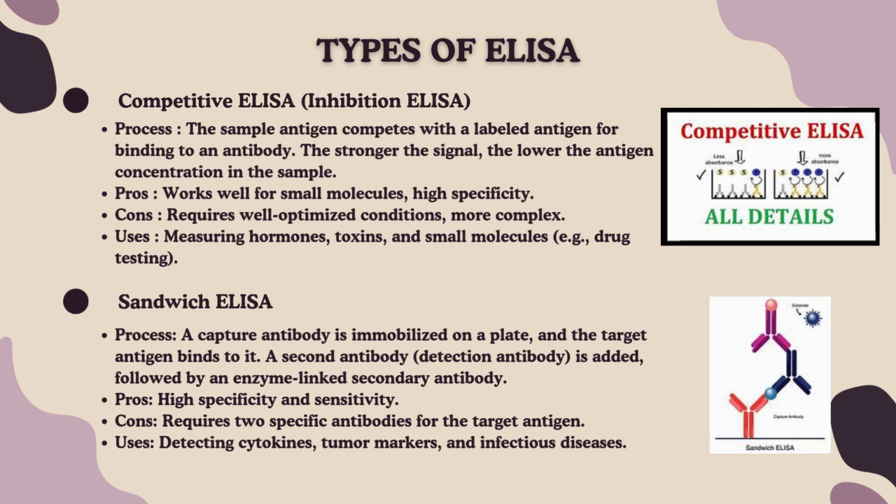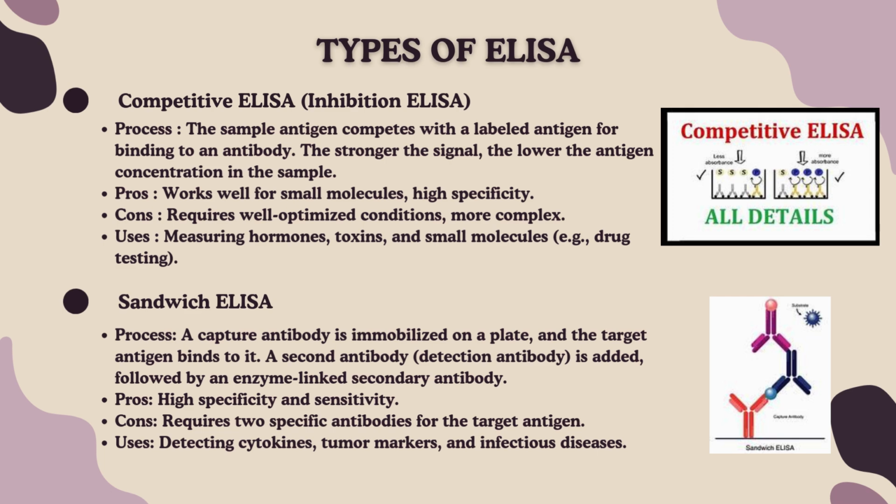The last type of ELISA is sandwich ELISA. In sandwich ELISA, a capture antibody is immobilized on a plate and the target antigen binds to it. A second antibody, which is the detection antibody, is added, followed by an enzyme-linked secondary antibody.